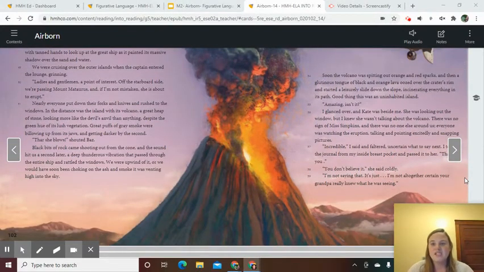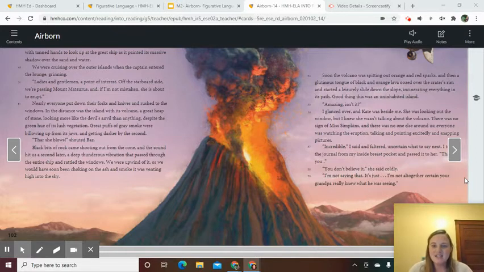Soon the volcano was spitting out orange and red sparks. Then a glutinous tongue of black and orange lava oozed over the crater's rim and started a leisurely slide down the slope, incinerating everything in its path. Good thing this was an uninhabited island.